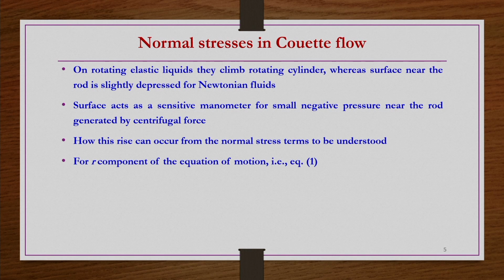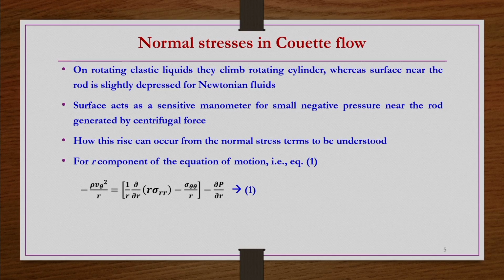In the previous lecture, we simplified the r, theta and z components of the equations of motion in cylindrical coordinates, and each equation gave some kind of information. One gave a simplified equation to get the normal stresses, one gave the information about the shear stress, and another related the hydrostatic pressure and the gravitational force.